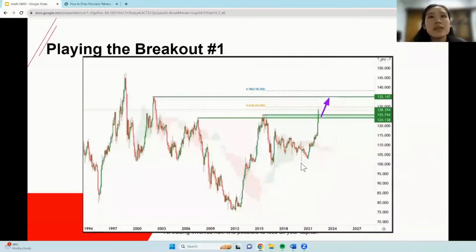Okay, playing the breakout. So first example here, I'm using a Fibonacci projection. If you're not familiar with what a Fibonacci projection is, basically you're using the extension tool. If you're looking at TradingView, it's the Fibonacci extension tool, which has 3 points.